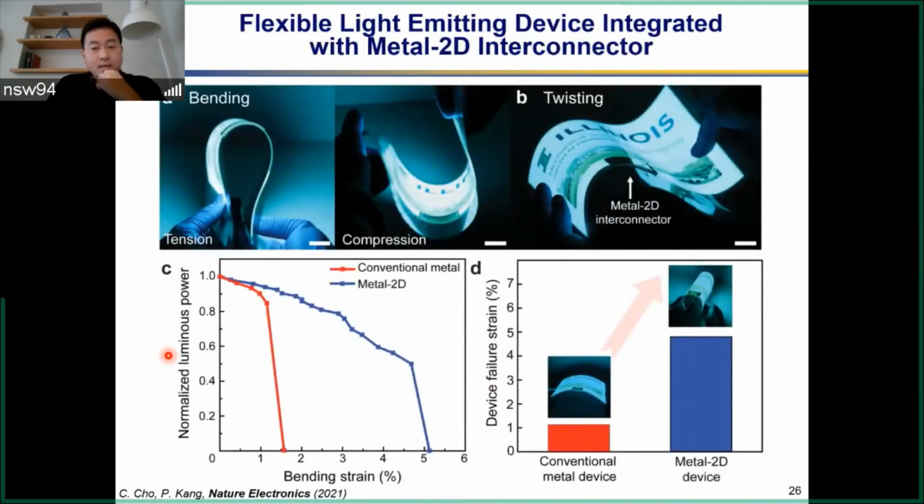The last example: you can ask the question, how do you compare this in a true setting? And I think what this might be useful for is if you measure the actual light luminescence of a light emitting device with this metal-2D interconnect integrated instead of just a simple metal, you start to see that the luminescence goes down gradually.